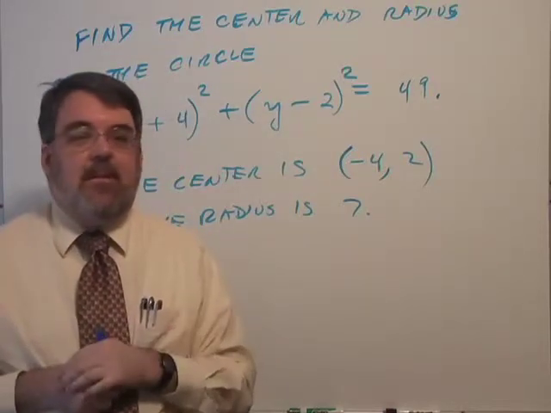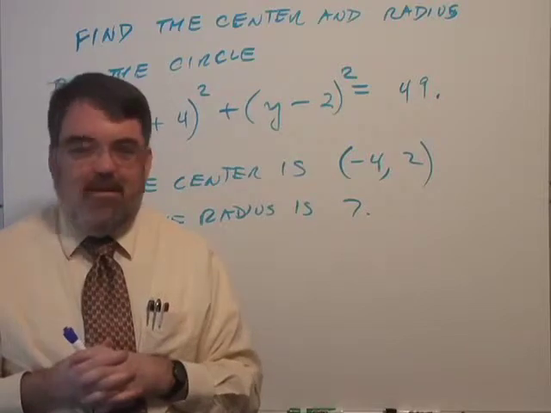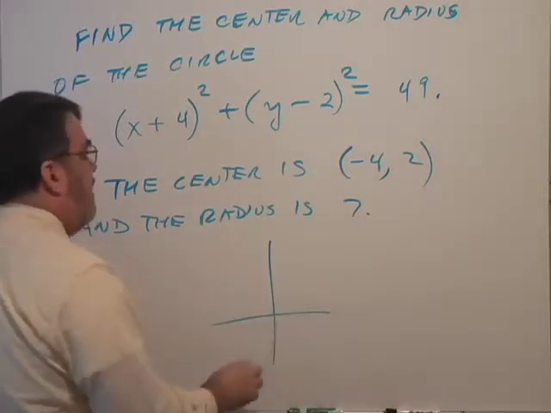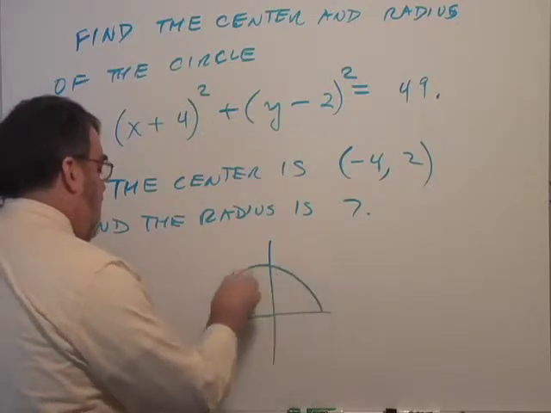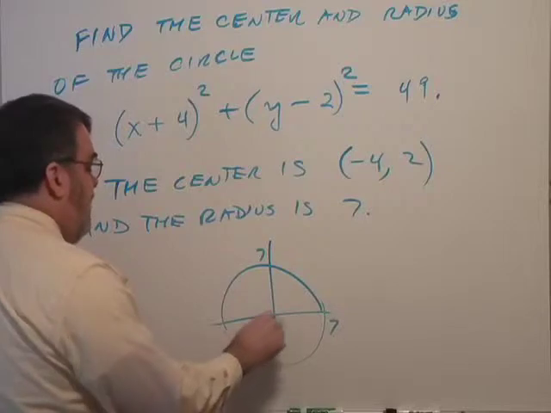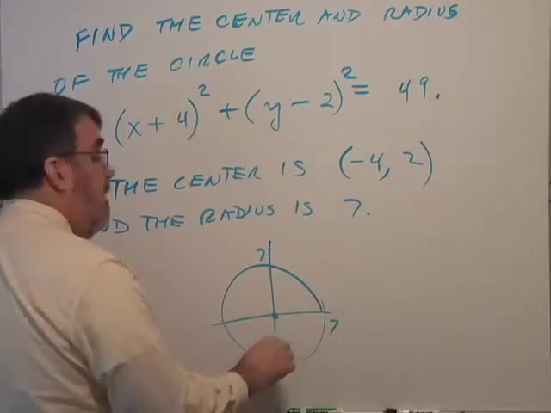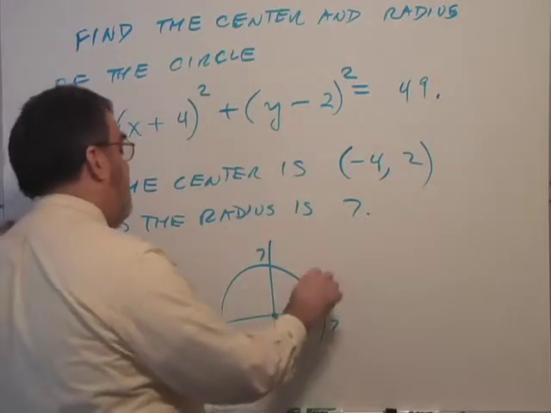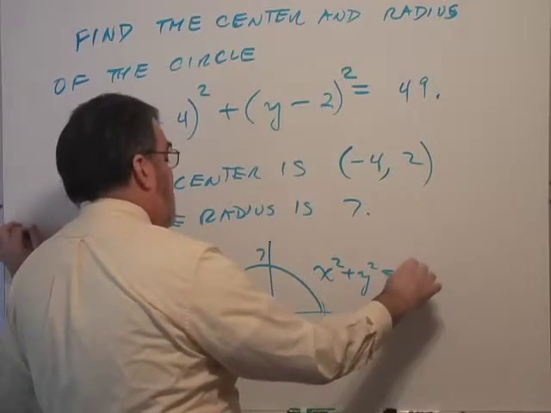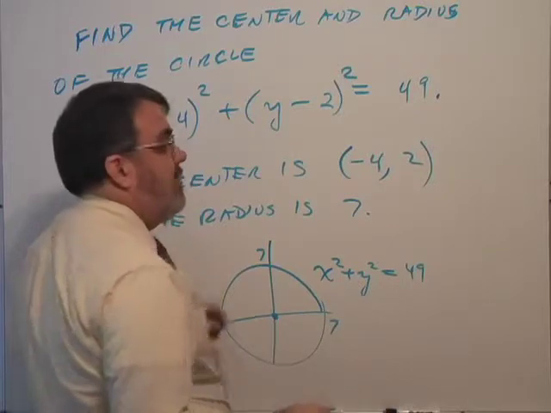And one observation I'd like for you to make is, now I'm changing the subject a little bit here, but suppose you had a circle of radius 7 that was centered at the origin. What's the equation of that circle? It would be x² + y² = 49, 7 squared.